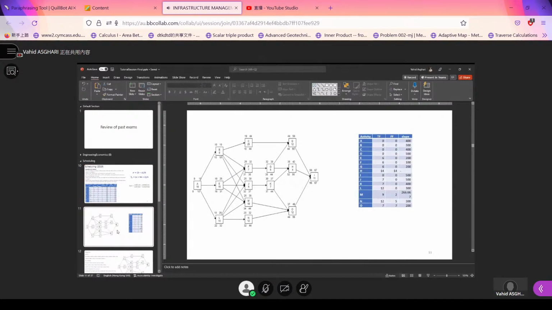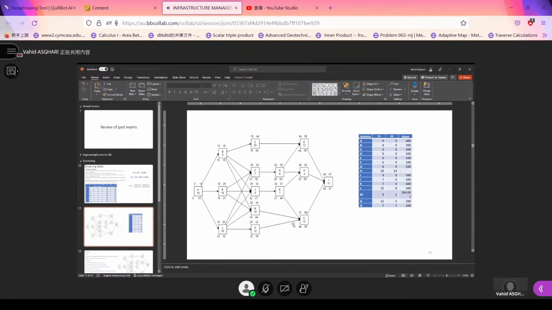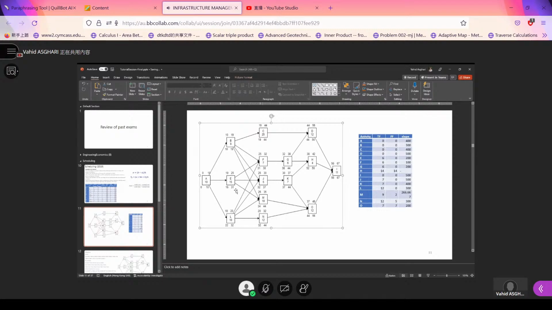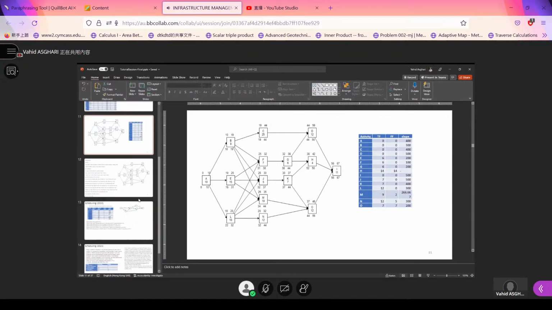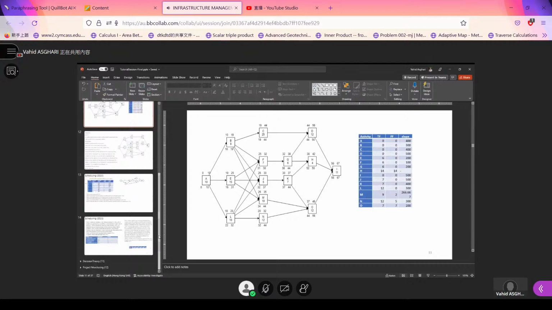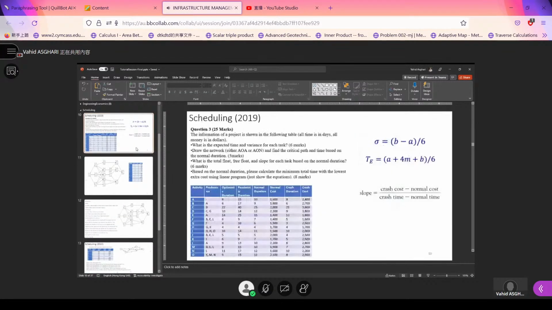I'm personally a fan of activity on node. You put the activities, draw the arrows, and start by filling the early start and early finish, go to the end, and then come back. There is no point in doing it again here. You have the classes recorded, so you can go to them. I don't want to waste your time now.